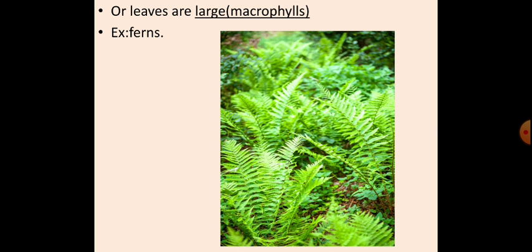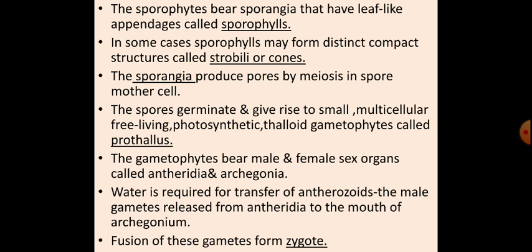The plant body of pteridophytes is a sporophyte. Along with the root, stem and leaves, the sporophyte bears sporangia that have leaf-like appendages called sporophylls.